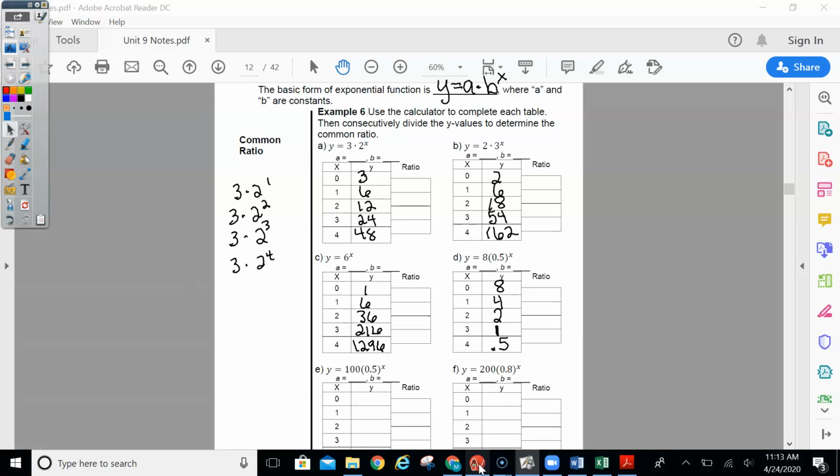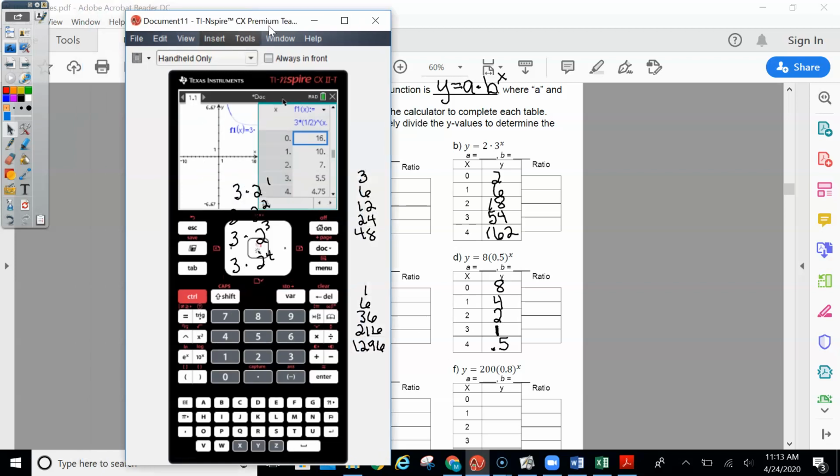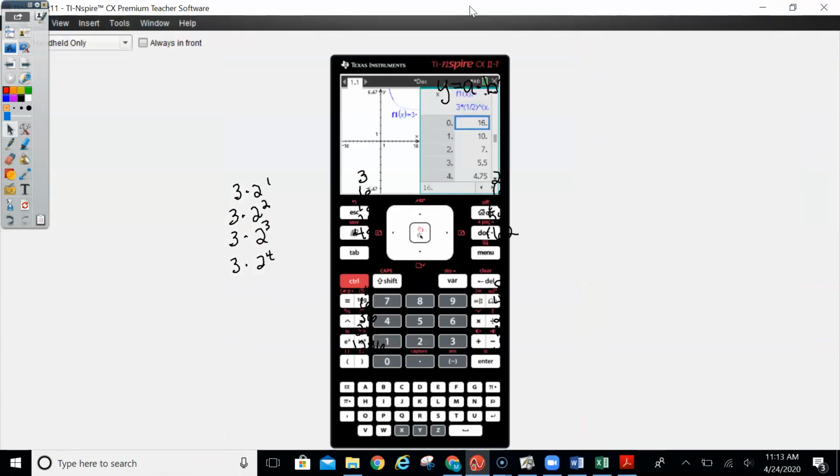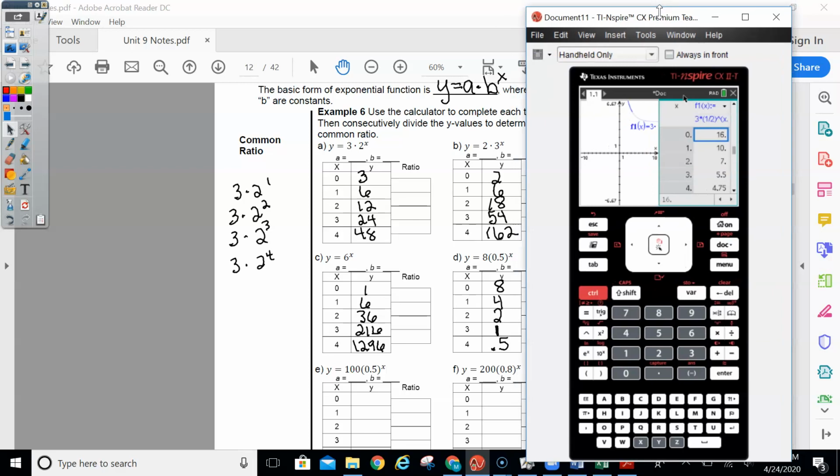But we'll come over here in the calculator and do those other ones. So we want the table for E and F. We're going to do y equals 100 times 0.5 to the x power graph.